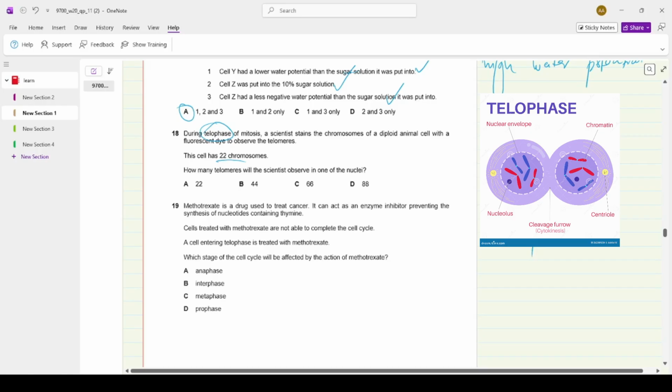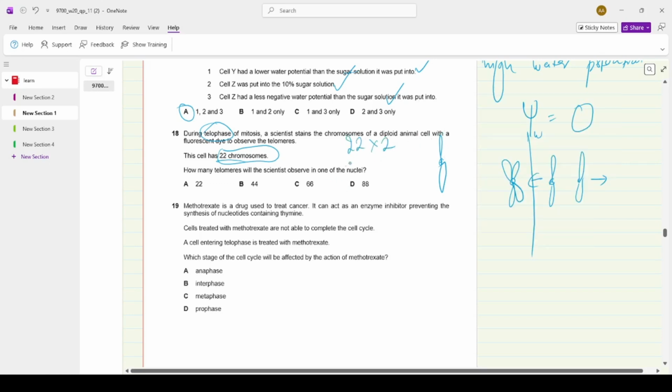So we can be assured that our chromosomes are separated. Each chromosome has 2 telomeres. How many telomeres will the scientist observe in one of the nuclei? If there are 22 chromosomes, each having 2 telomeres, there will be 22 times 2, which gives you 44.